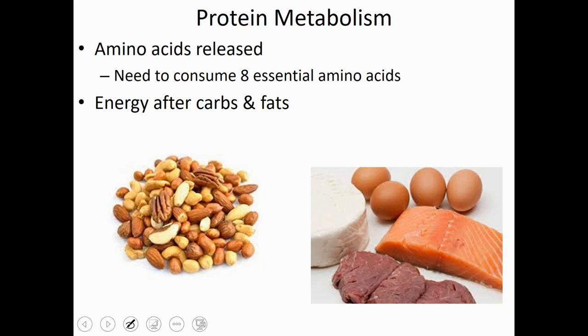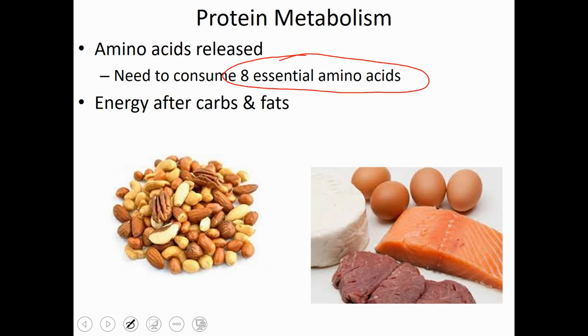Okay? Proteins are made of amino acids. I think we kind of covered that in our last virtual lab. You have something called 8 essential amino acids. There are 20 amino acids, and we need to make sure we consume the 8 essential amino acids. So the other 12 our body pretty much makes on its own.